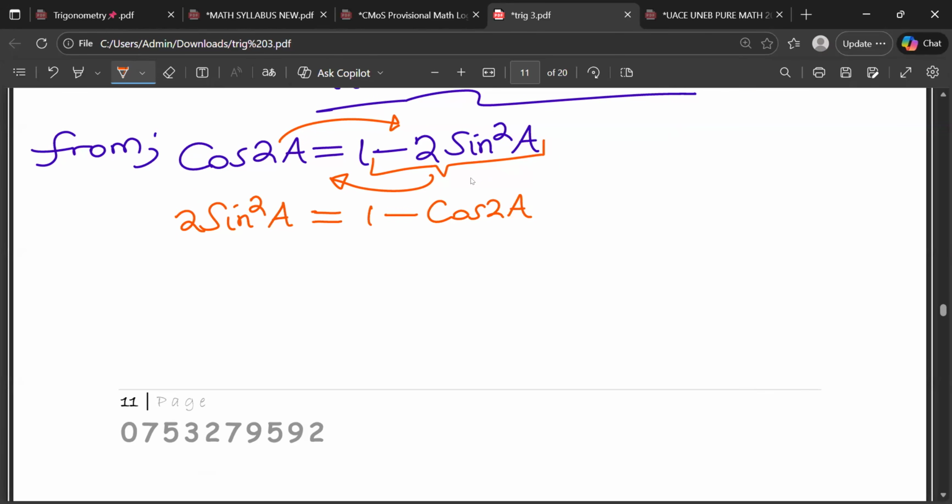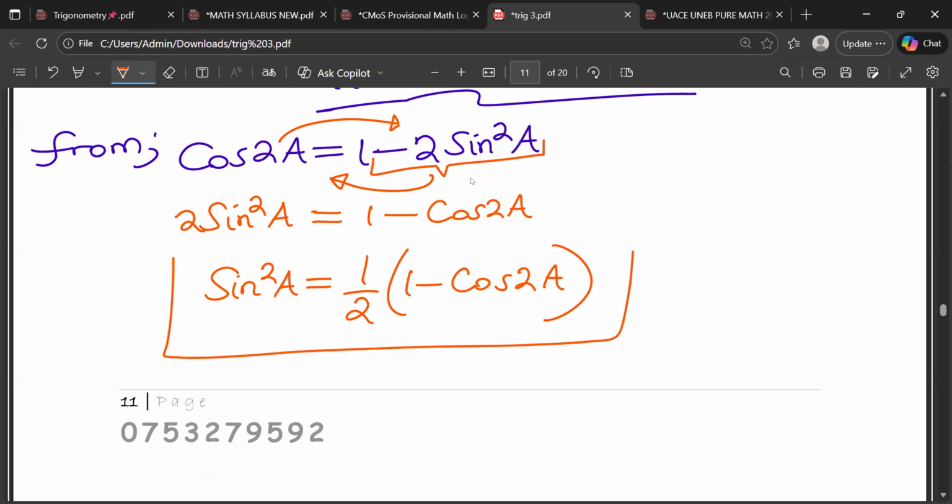Then to get the value of sine squared A alone, I will have a half into 1 minus cos 2A. Now this is what they call the half angle of sine.